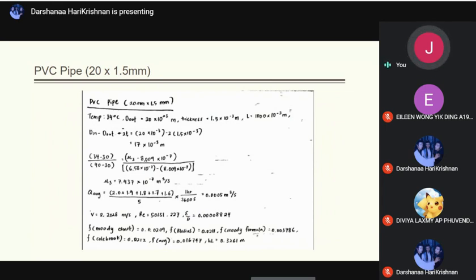Blasius 0.0211. Moody formula we have 0.003786. Colebrook 0.0212 and the average 0.016747. The head loss we have obtained from PVC pipe 20 times 1.5 mm is 0.3261 meter.